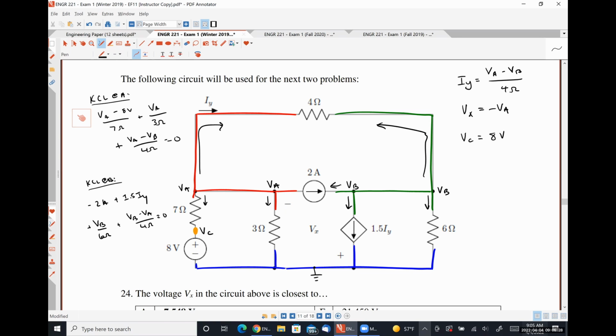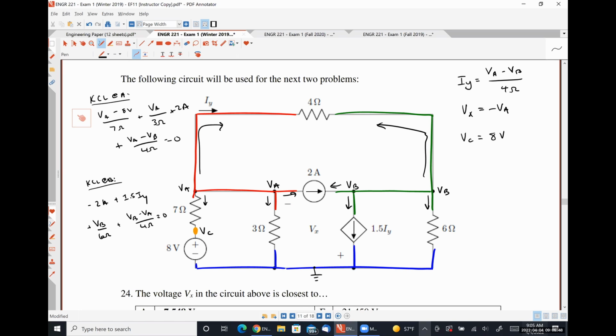And I did, absolutely I did. Thank you for that. Plus 2 amps. Thank you for that correction. 100% did. Thank you very much for that, Dylan. All right, so now I have enough equations to solve.